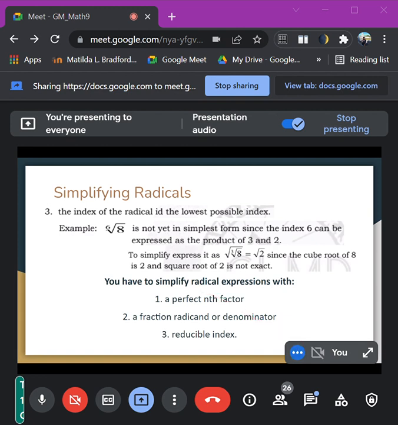Okay? Questions in simplifying radicals.